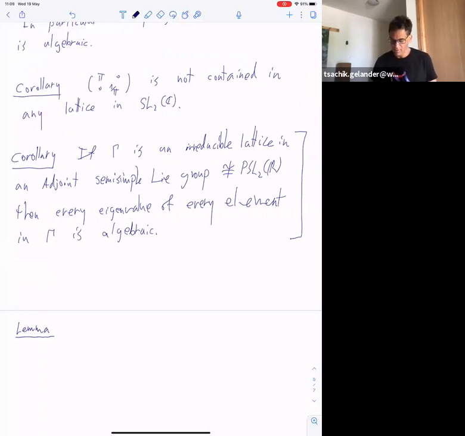Okay. So if you take SL2(C), it is a three-dimensional complex group, a six-dimensional real group. And if you look at the adjoint, for instance, as a complex group, then you see that there will be some other eigenvalues, right? Because if you take the adjoint of that element, also pi squared will be an eigenvalue.